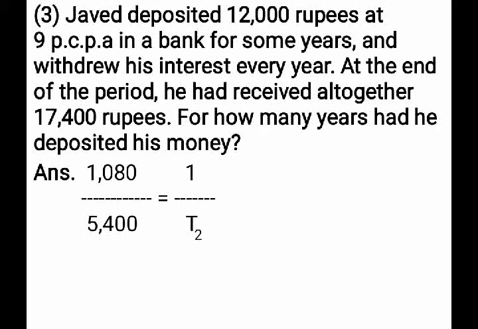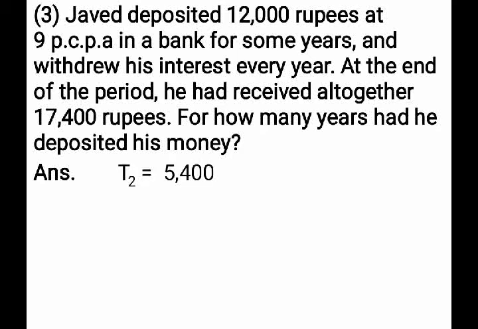Now you have to cross multiply. I will find time 2 directly, but you have to write the cross multiplication form and then find T2. That is, time 2 is equal to 5,400 multiplied by 1 upon 1080.